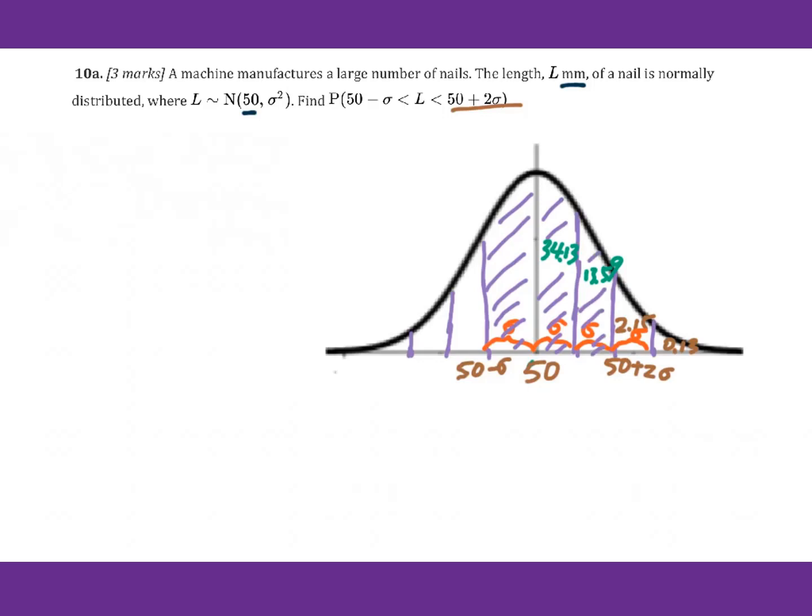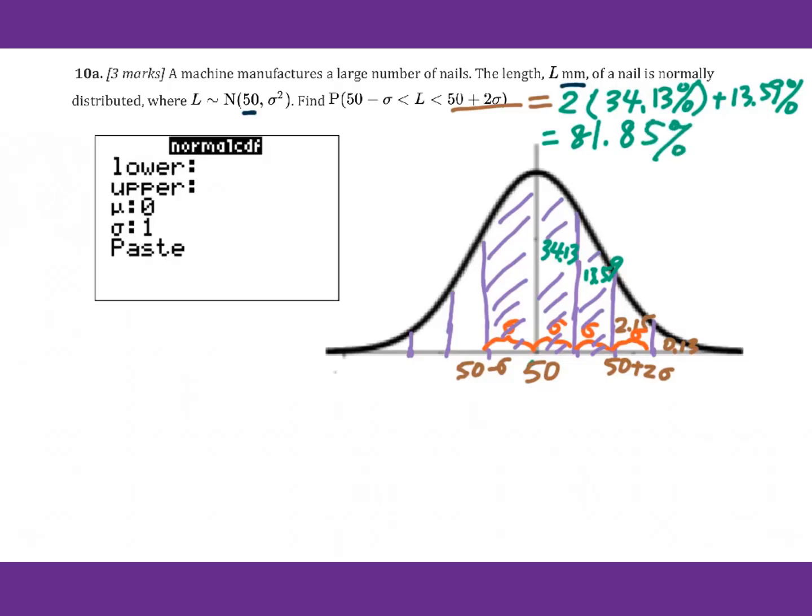Therefore, the probability equals 2 times 34.13%, add 13.59%. You will get 81.85%. If you cannot remember this diagram, there is another way to do it.